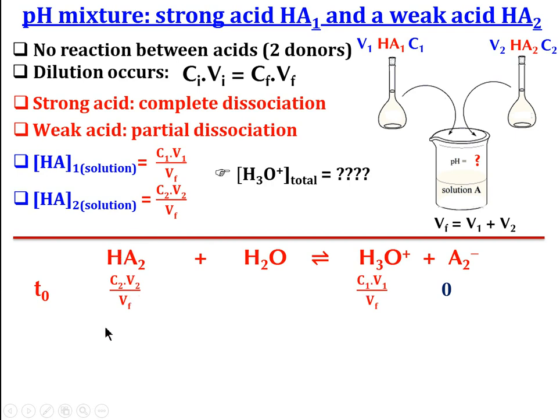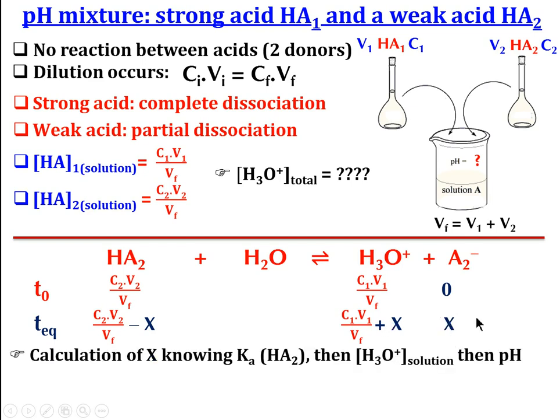HA2 will dissociate till the equilibrium, and at equilibrium, the HA2 concentration equals C2 V2 divided by V final minus x, H3O+ equals C1 V1 divided by V final plus x, and A2- is equal to x.